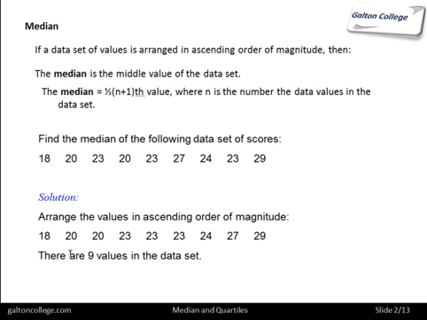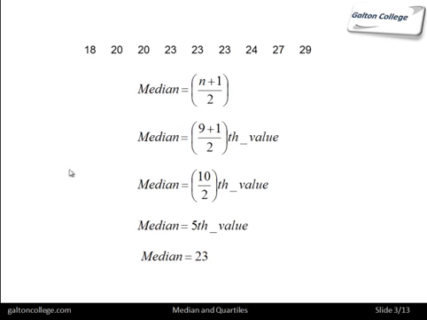So there are 9 values in the set: 1, 2, 3, 4, 5, 6, 7, 8, 9. Now we need to find the median. The median, as I said earlier, is given to us by this formula. Very simple formula.